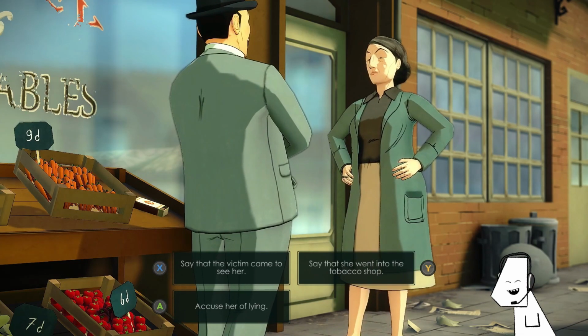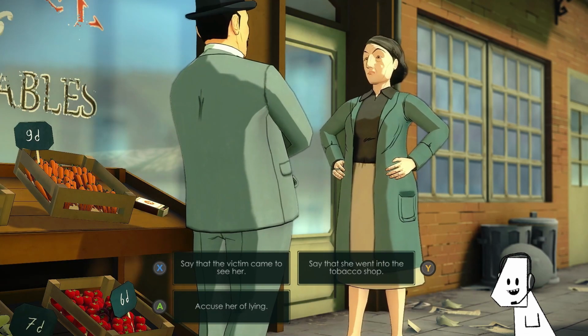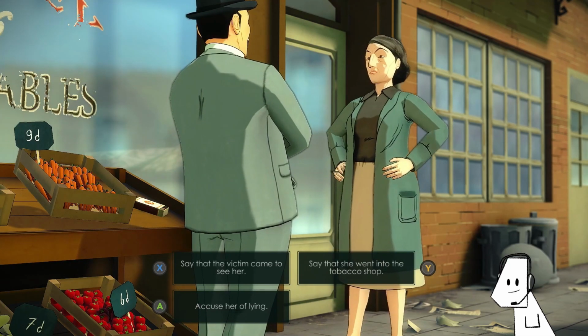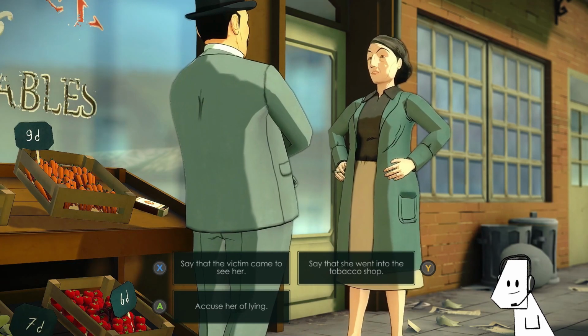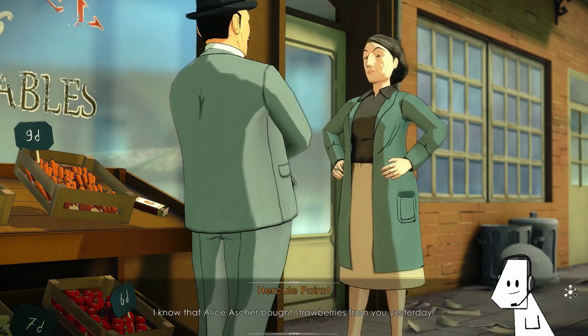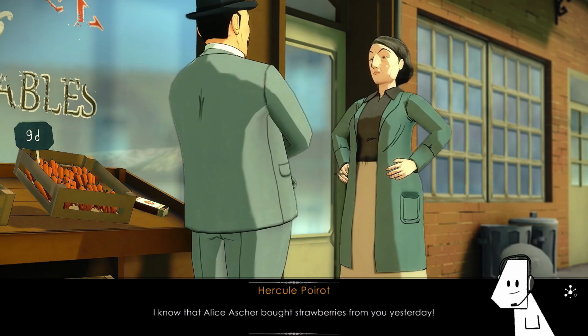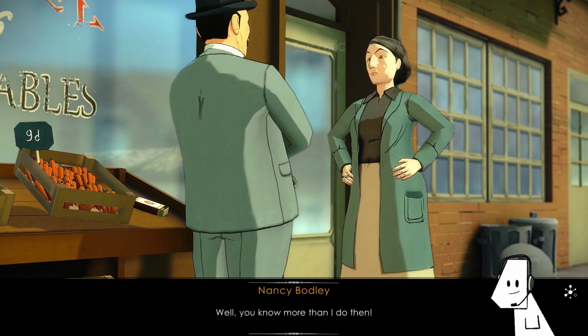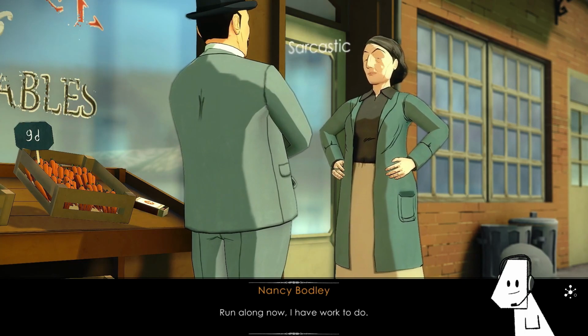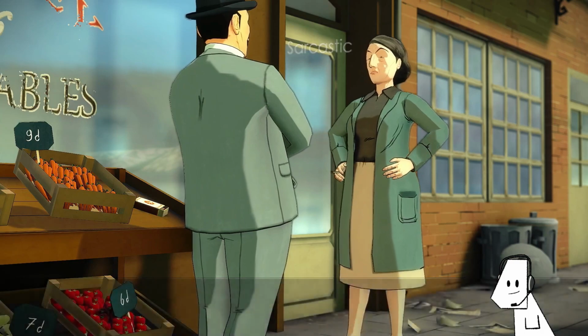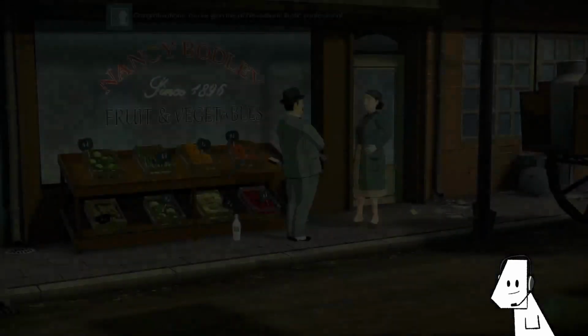I don't think we can say that she went into the tobacco shop because she could have come and got the strawberries. So it doesn't mean that she was in the tobacco shop. So it's either X or A. I'm going to say X. I know that Alice Asher bought strawberries from you yesterday. Well, you know more than I do then. Run along now. I have work to do. That didn't get me anywhere, did it?